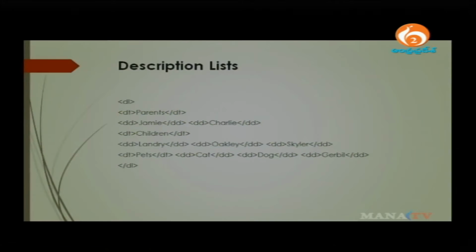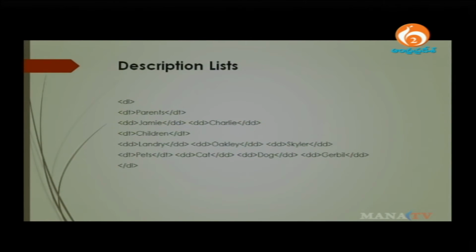This is how we can write it. Here, the DL tag is for the description list. You can see the start tag and end tag of DL on the first line and the last line, enclosing all the HTML elements inside it. The DT is parents here, with the data Jamie and Charlie, and another DT is children, for these two parents: Landry, Oakley and Skylar.